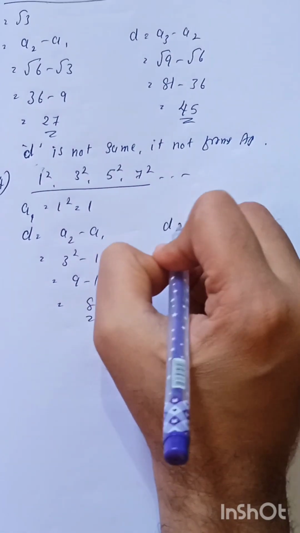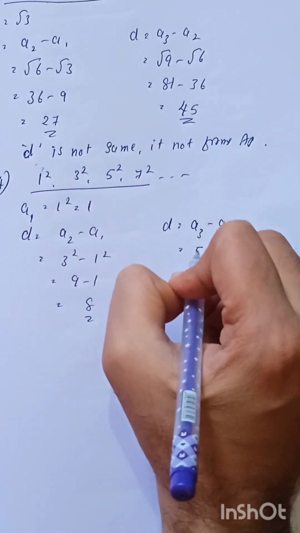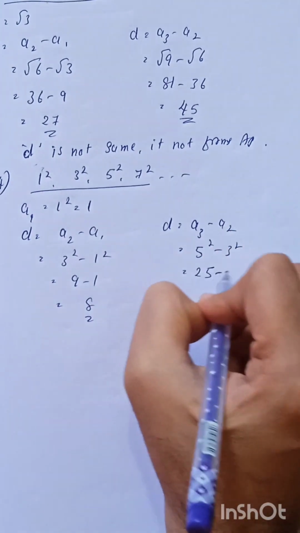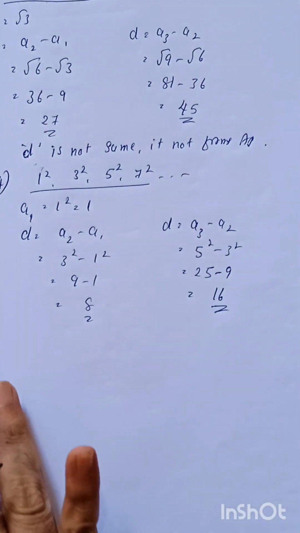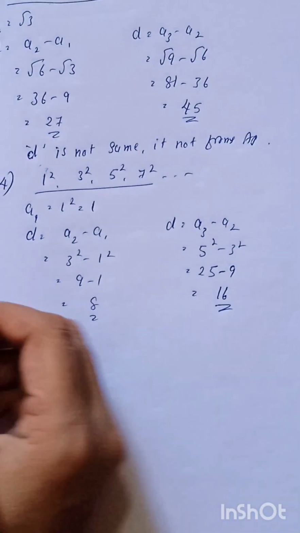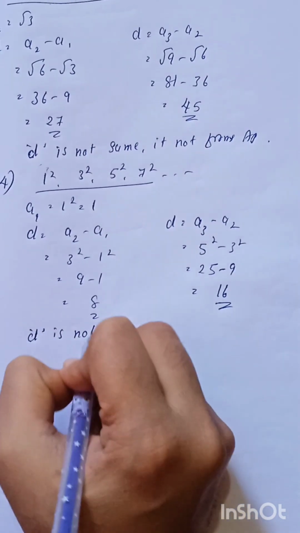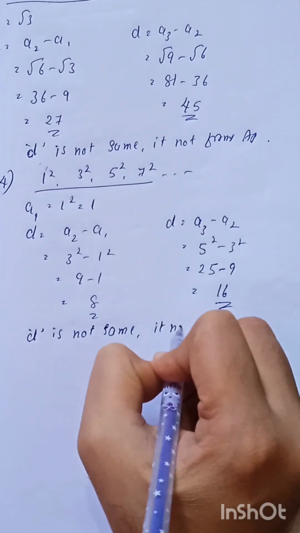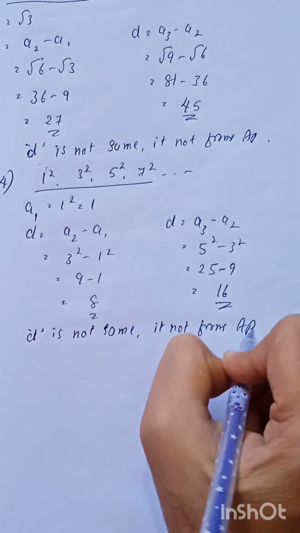Let's do the next one, a3 minus a2. What is a3? 5 square minus 3 square, 25 minus 9, that is 16. Here the common difference is not the same, it also does not form an AP.